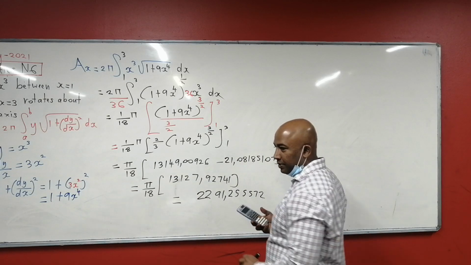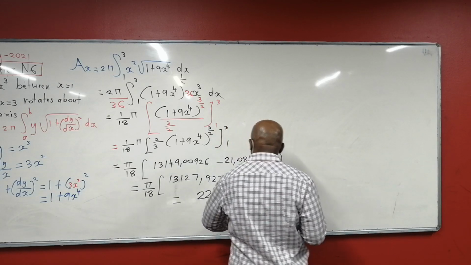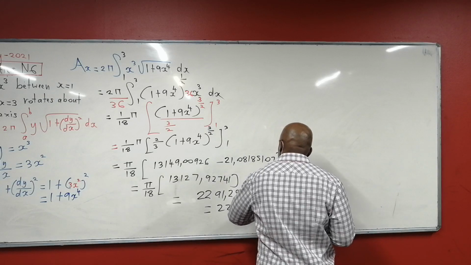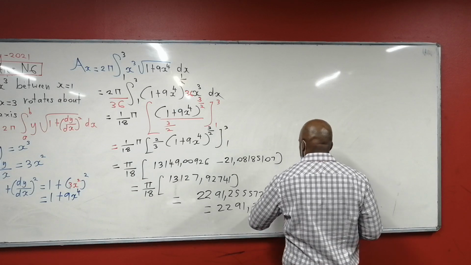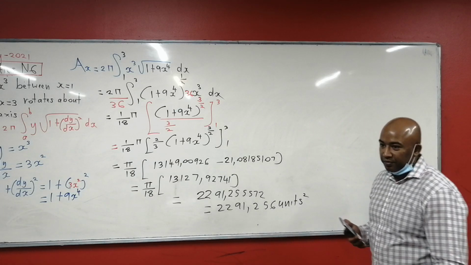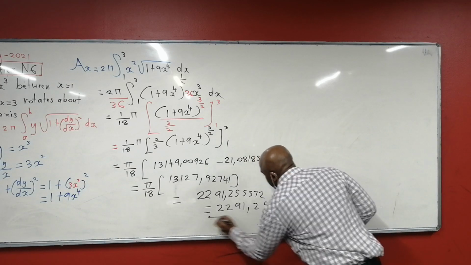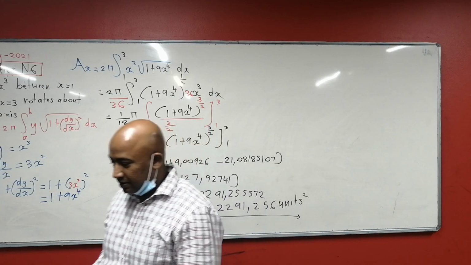Correct? So that's going to be 2291.256, rounded to 3 decimal places. Is that the correct answer? So now, let's move on to the next one.